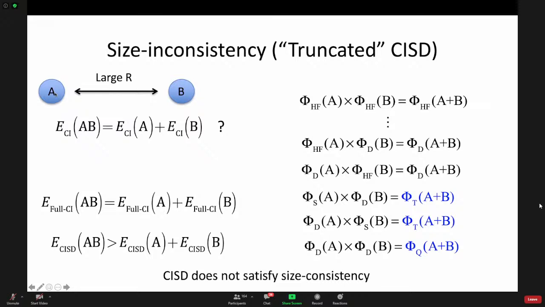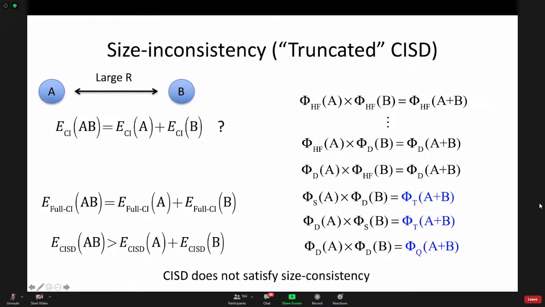Because if it's so far away, they don't feel each other anymore. So there should be no interaction, and this should be fulfilled. And this will be fulfilled if we don't introduce any truncation. So it'll be exact in the full CI.